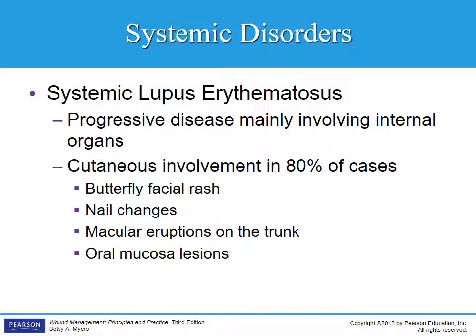Again, with SLE or lupus, you can also see other more severe systemic disorders because it does affect the connective tissue. So you can see a susceptibility to stroke due to arterial breaches. So there are many things that come along with lupus besides just the skin eruptions.